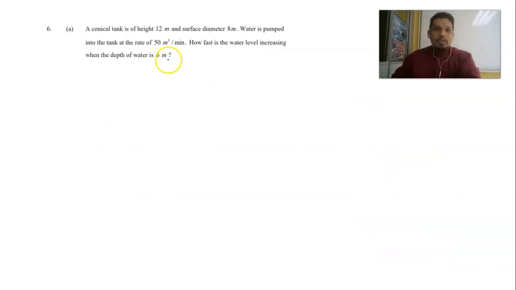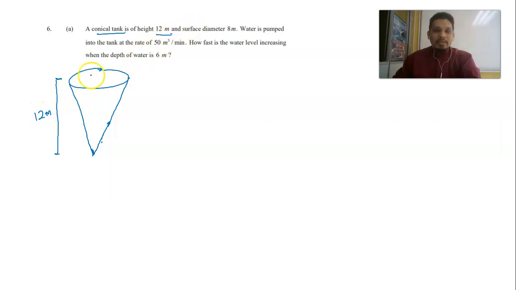Question number 6 is a conical tank. Just imagine a cone with a height of 12 meters, and the surface diameter, from this ring through the center and ending here, the ring of the circle of the surface, equal to 8, meaning the radius equal to 4.